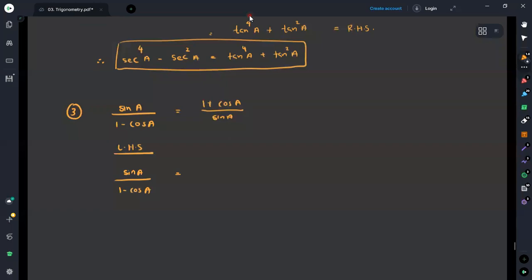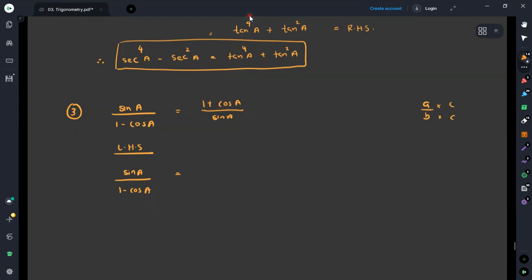But once you look at the quantity on the right hand side of the equation, in the numerator, you can see a quantity called 1 plus cosine A, instead of sine A. Therefore, I'm going to multiply the numerator and denominator both by 1 plus cosine A. It is because we know that if you have A divided by B, it will not make any harm once you multiply numerator and denominator by the same quantity.